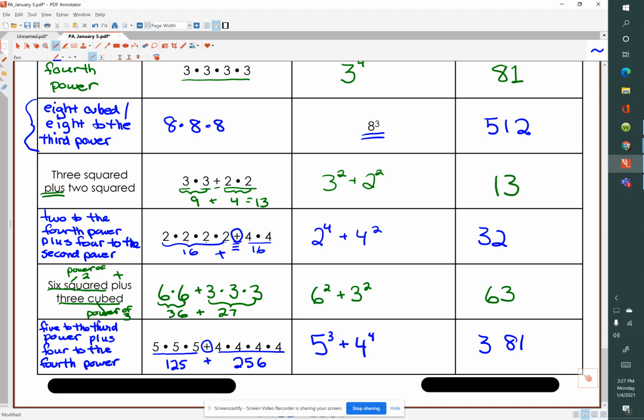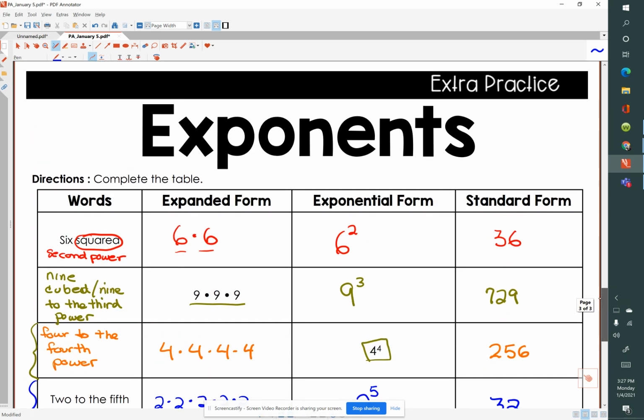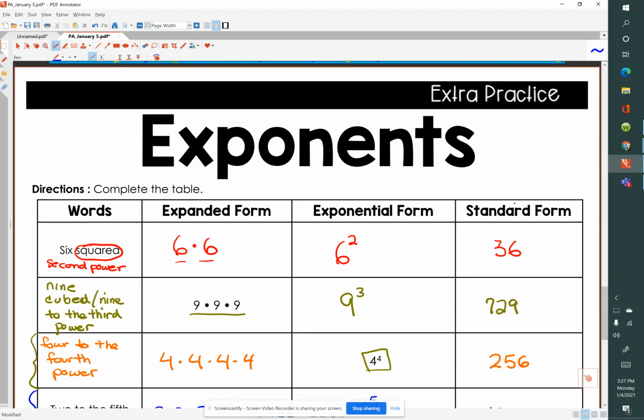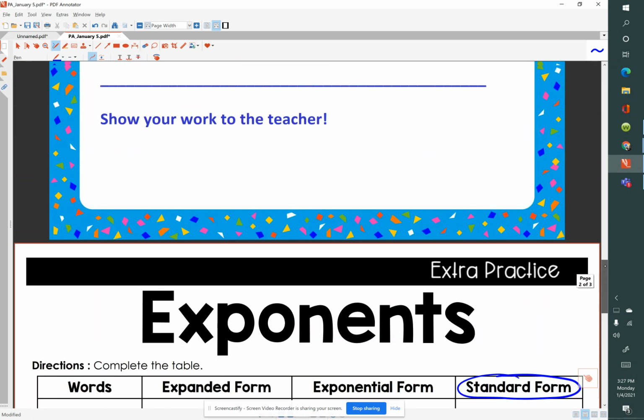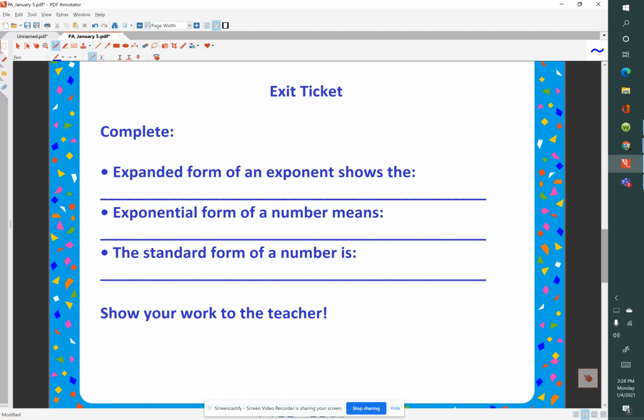So there you have it. Words, expanded form, exponential form, and then standard form, which is the fully evaluated form of the number. So let's go to our exit ticket. The expanded form of an exponent shows the repeated multiplication of a number.